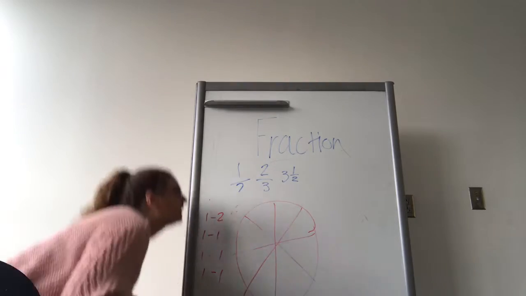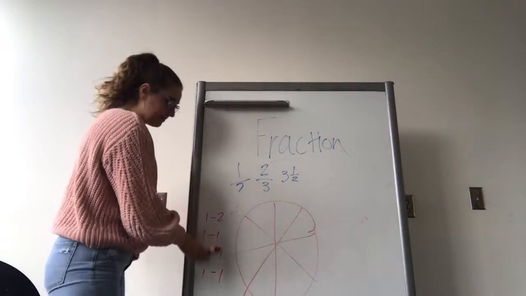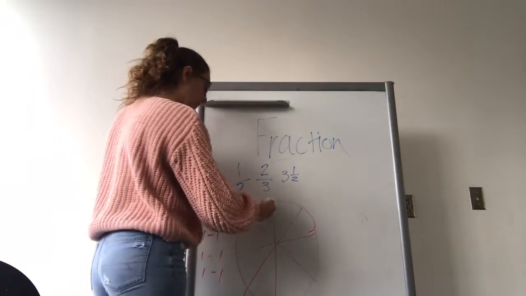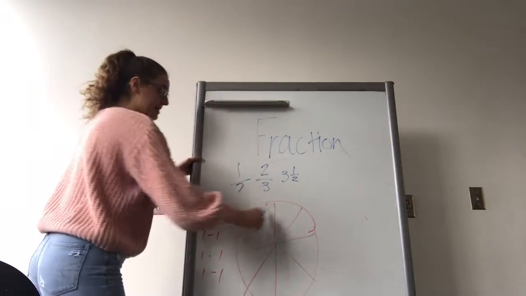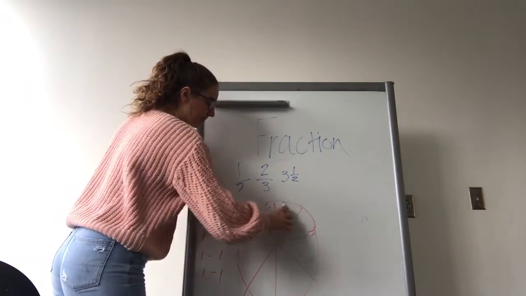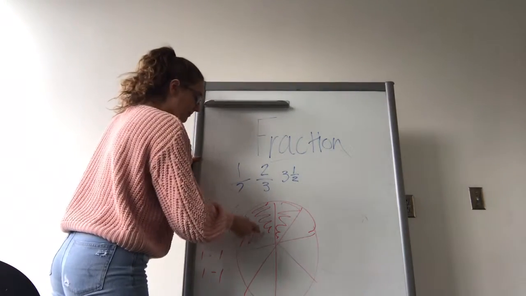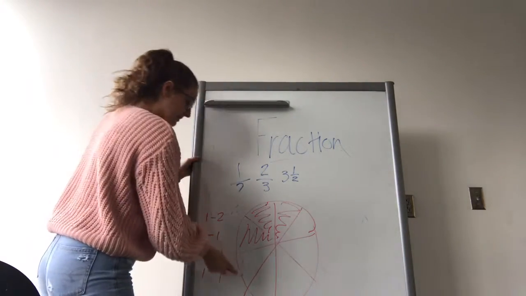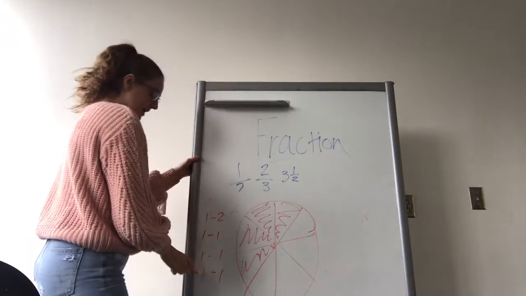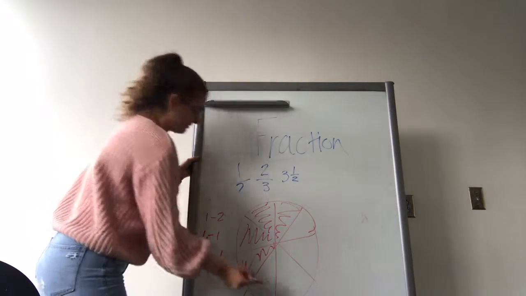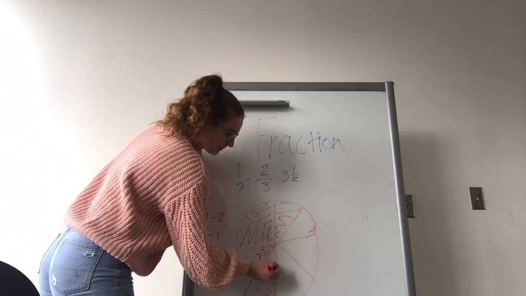So, you'll want to shade in all of the pieces that you eat. So, say this is Billy. Billy ate 2 pieces of pizza. This is Jenny. Jenny had 1. This is Sam. Sam had 1. And this is Beth. Beth had 1.